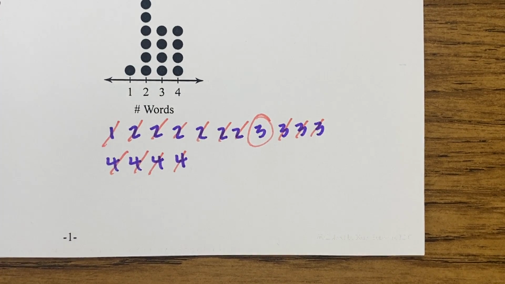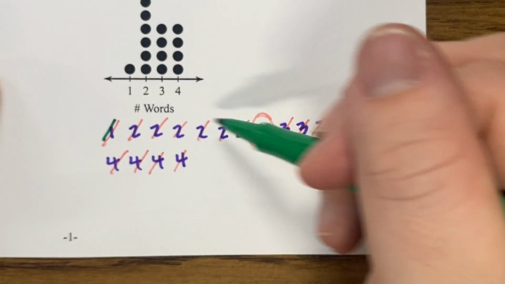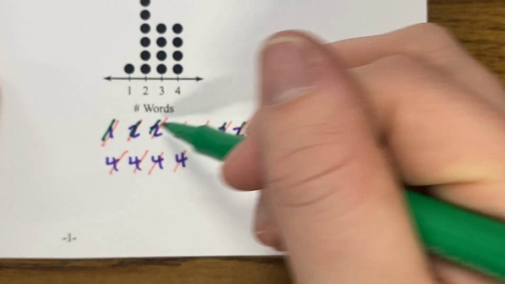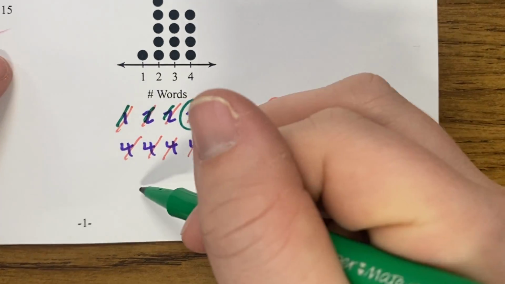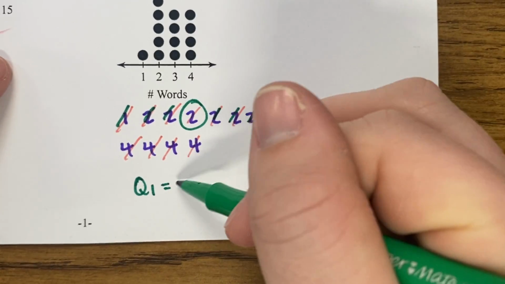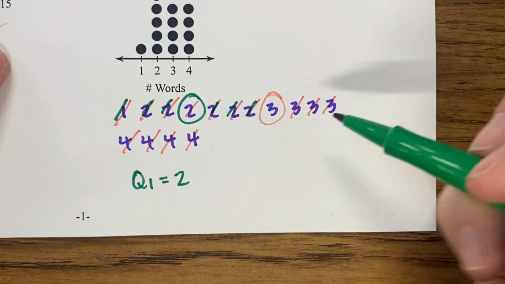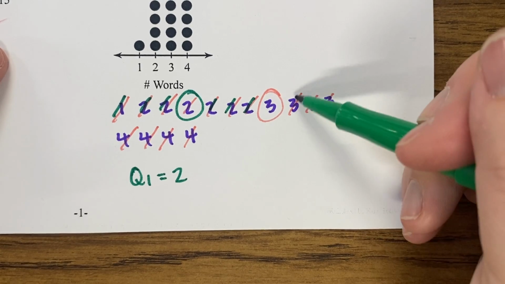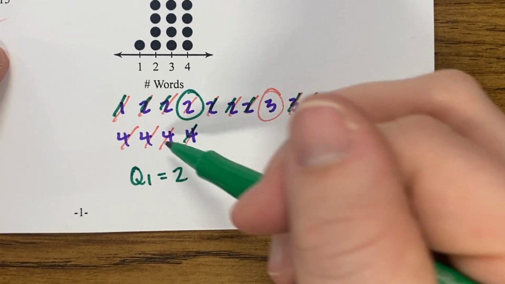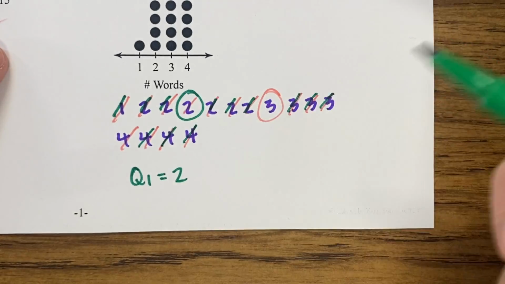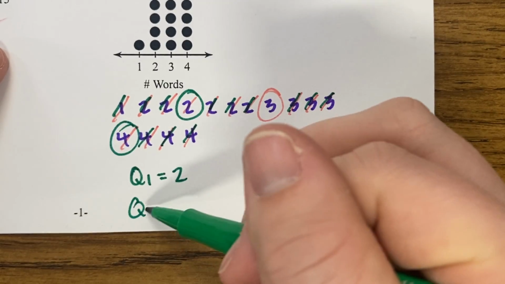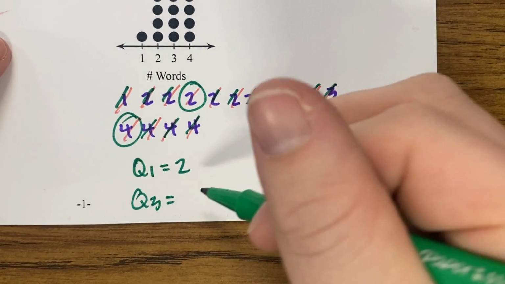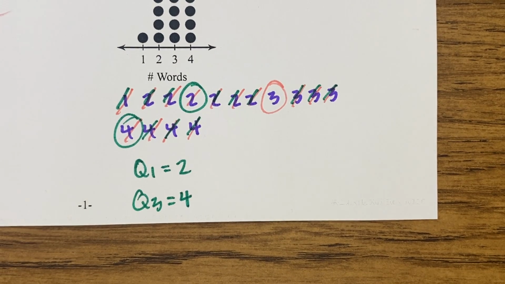Then I'm going to find the median of my first half. 1, 1, 2, 2, 3, 3. It's going to be 2. So our Q1 is 2. The same thing for my second half. 1, 1, 2, 2, 3, 3. And our Q3 is 4.